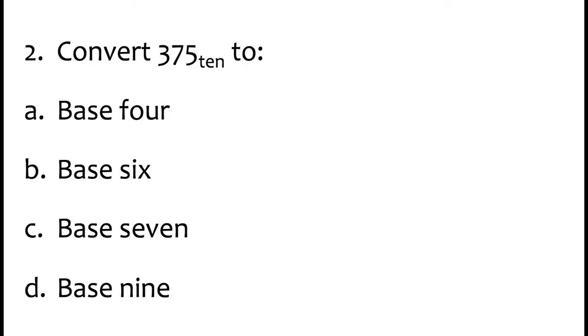So if you don't put the 10, it's still correct. But for clarity, we put the 10. So when you convert to base 4, you must indicate base 4. Otherwise, you'll be wrong.